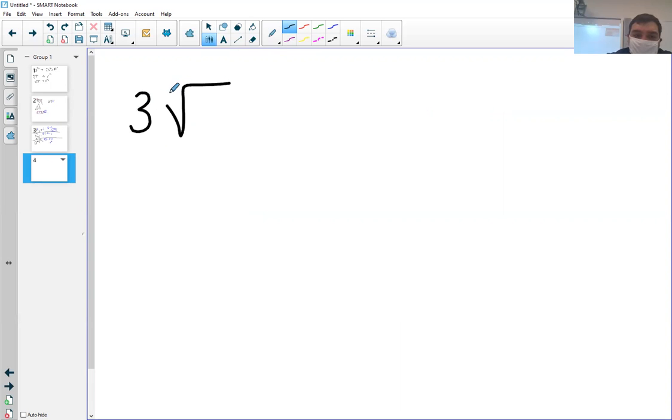3 third root 10 plus 6 third root 10. Not even converted. These have the same base. So kind of like same terms, just like a variable. If they have the same terms, you can add them.